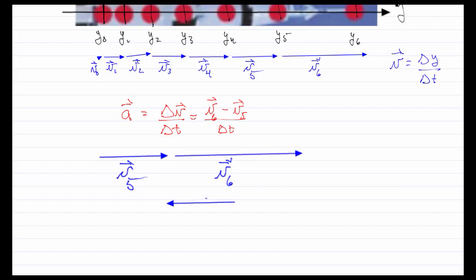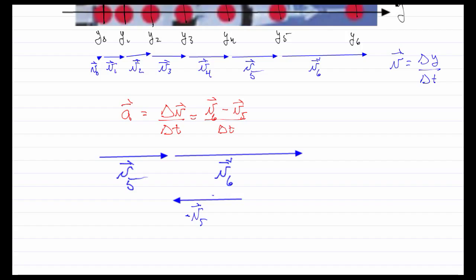Just like that. So when you subtract a vector, you're actually adding a vector in the opposite direction to what we had. So this vector that I've just drawn is going to be negative v5. So if we add v6 and negative v5, what we're left with is this vector over here.